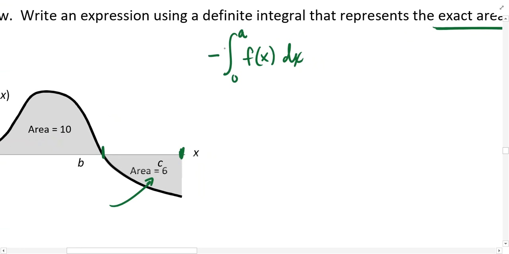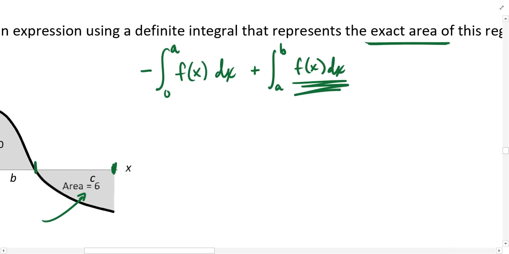So if I negate that negative area, then this result will be reported as positive. To that, I will add the integral from a to b of f of x. Now, this area is already positive, so I'm going to leave that one alone as it is. That's our positive area.